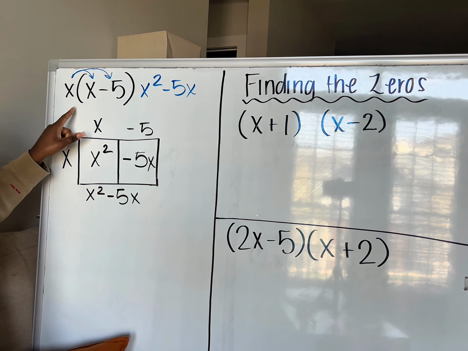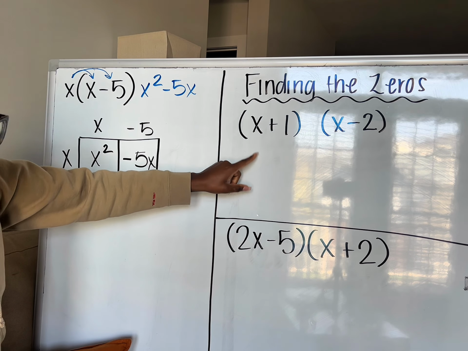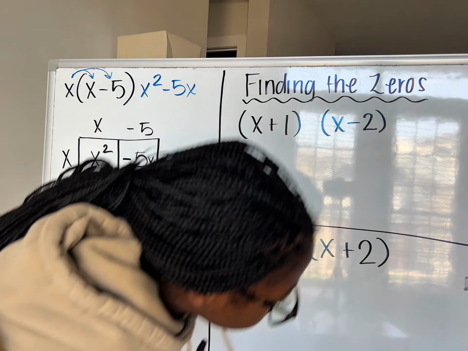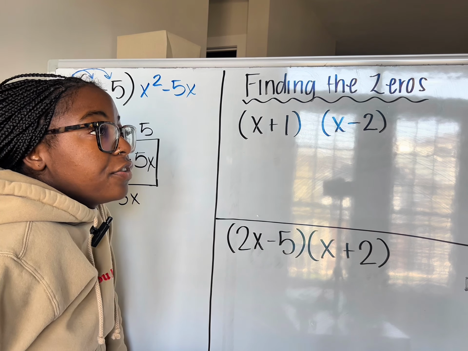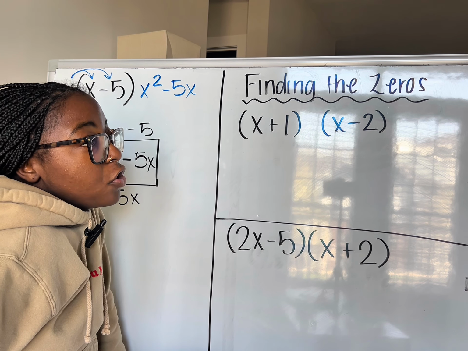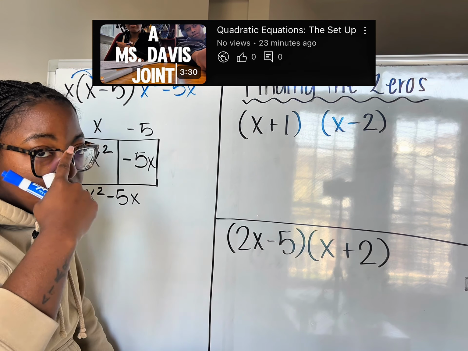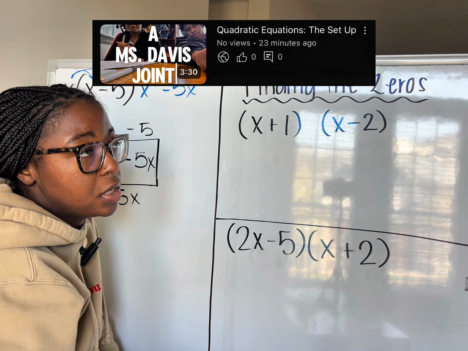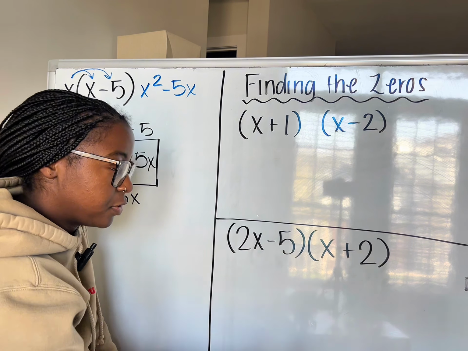Now, this factored form is gonna quickly transition to finding the zeros, because whenever you have standard form and you're going to factored form and you need to find the zeros of your parabola. If you don't know what I'm talking about, you need to go watch another video. I forgot what the title was, but go watch one of the videos I just posted.